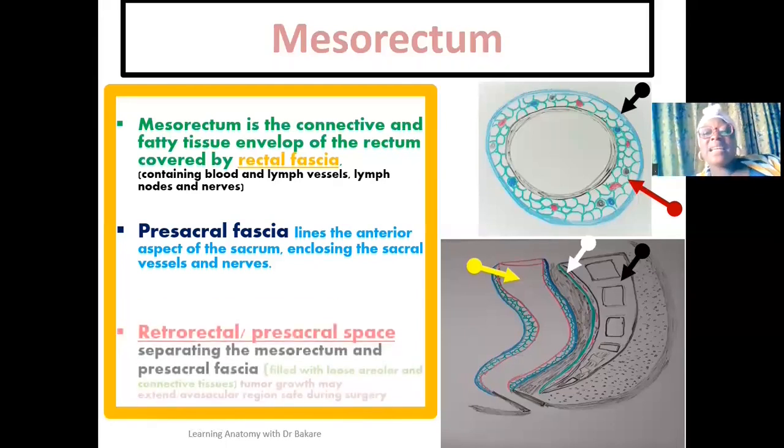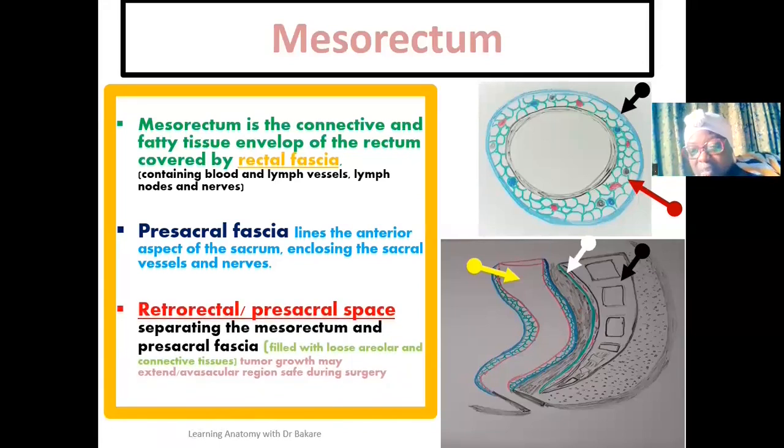So what we see now is a space created between the mesorectum and also the presacral fascia. Remember, we have a presacral fascia here, arrowed in white, and we have the rectal fascia here also at the front. So we have a space created in between these two structures, and this space is called the retrorectal space or the presacral space. Retrorectal means it's behind the rectum, and presacral means it is anterior to the sacral bone, just as the name implies.